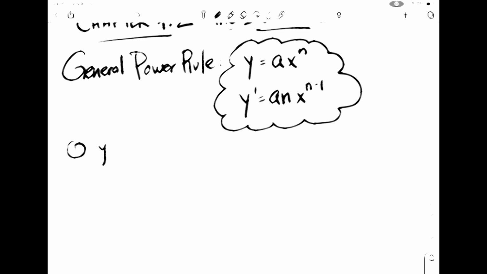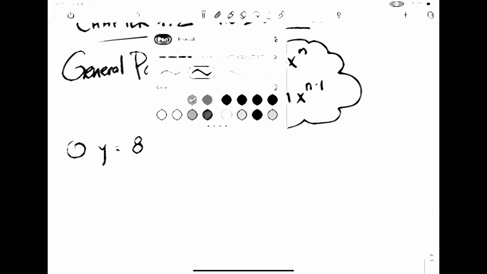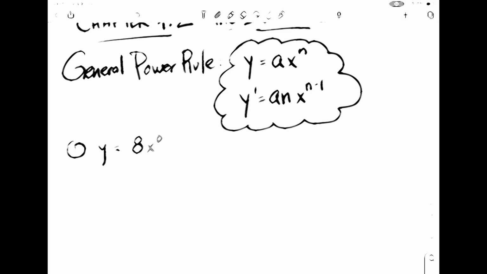If we have y equals 8, well, we can assume any constant has an exponent of 0 attached to the x. The coefficient is 1. So when we find the derivative here, y prime equals 8 times 0, x to the 0 minus 1, which is equal to 0.